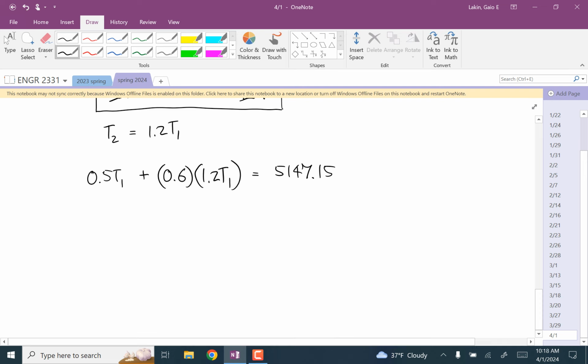And so that is 1.22 T1 is equal to 5147.15. And so T1 is 4218.98.